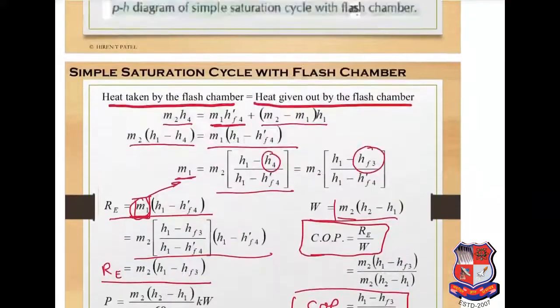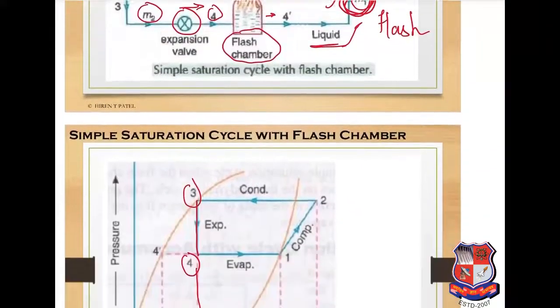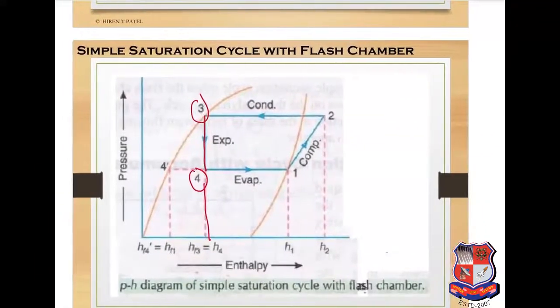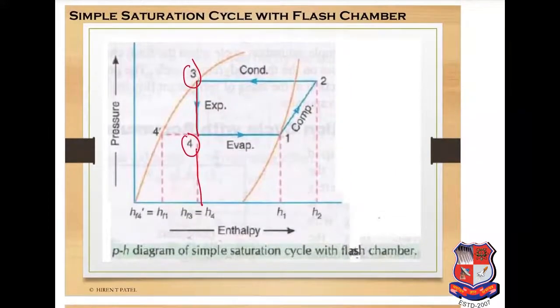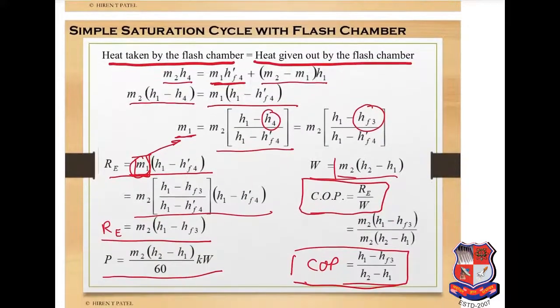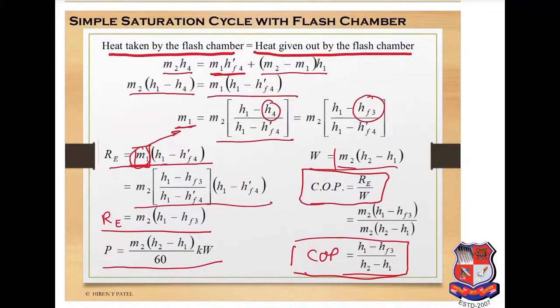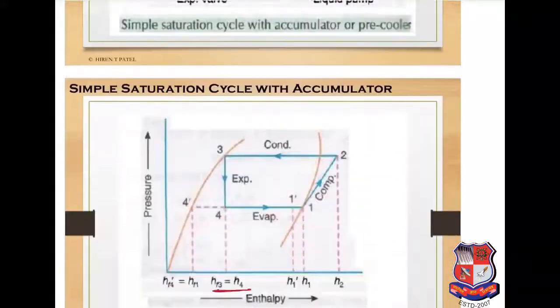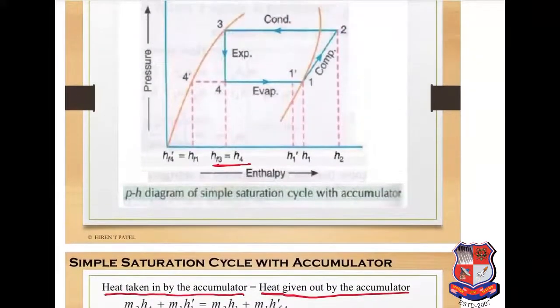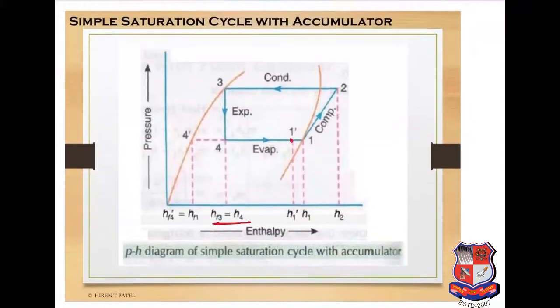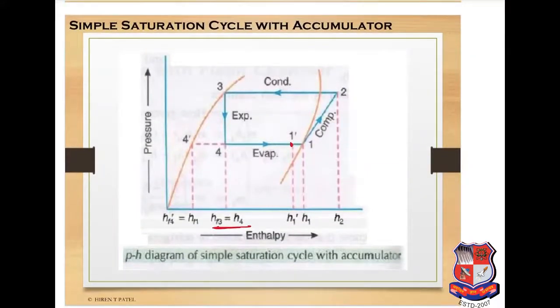Here check out the difference between these two. Here for the case with flash chamber we are having H1 only. So in refrigerating effect, here it is H1 minus HF4 dash, but in this case we are having H1 dash. So this is the point where the liquid is exiting to the evaporator.